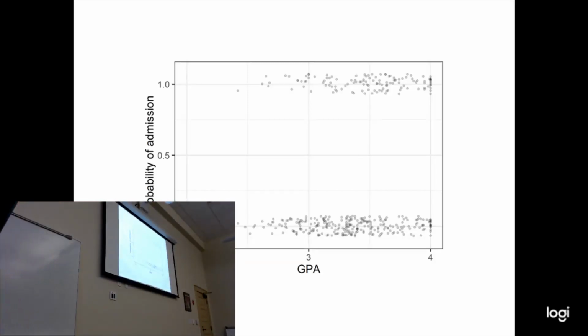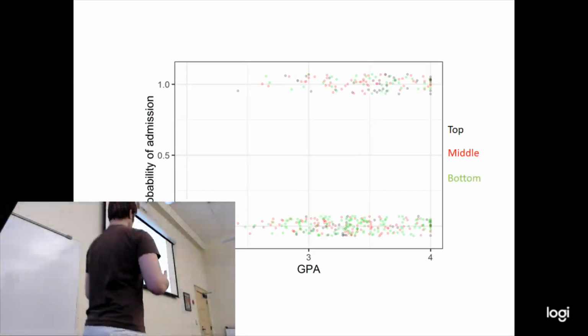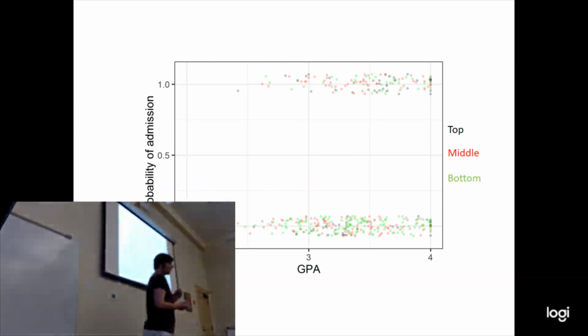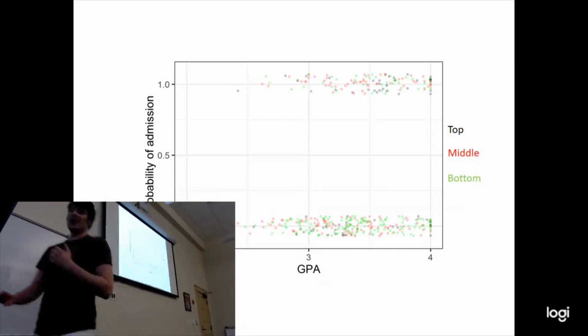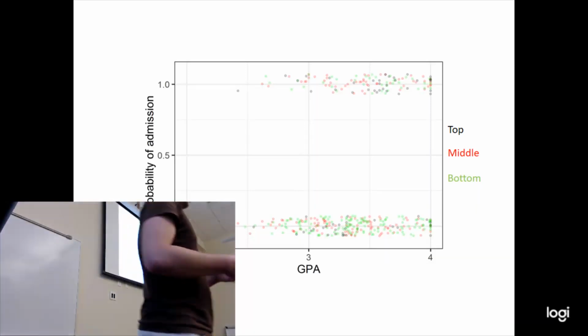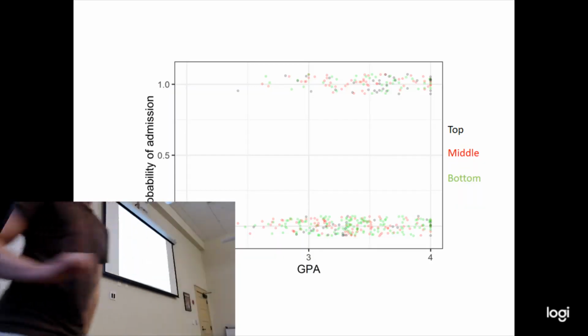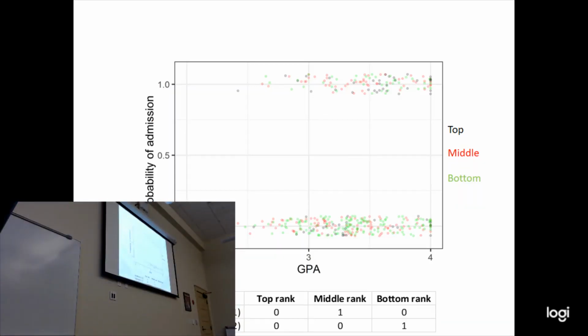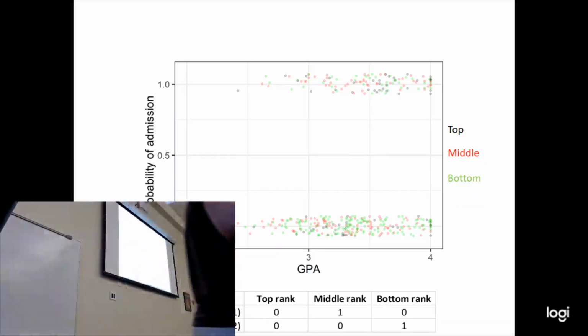We have the tools to do that, so I can color code these different points. I can then transform the text labels into numbers using, say, dummy coding.